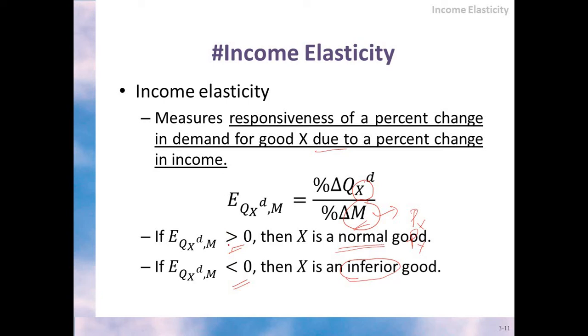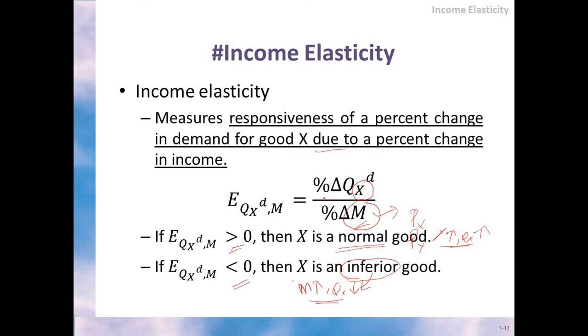If you get a positive value, meaning the elasticity is more than 0, then X is a normal good. Normal good is when your income increases, the demand for that good also increases. That's why the elasticity should be positive. But an inferior good is a good where when your income increases, the demand for that good decreases. So that's why the elasticity you calculate should be less than 0, a negative value.